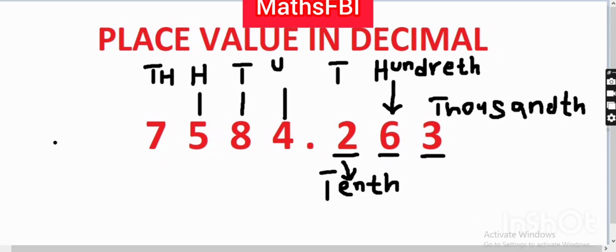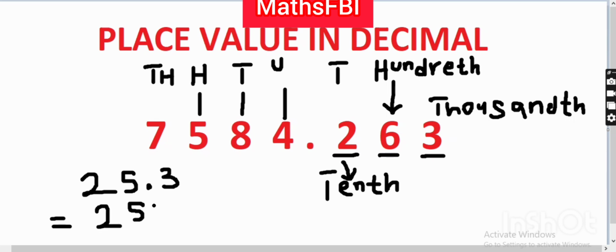So if I have, say, the number 25.3, what this means is that the whole number 253, having only one digit after the decimal point like you have here, is an indication that the whole of these numbers have been divided by 10.